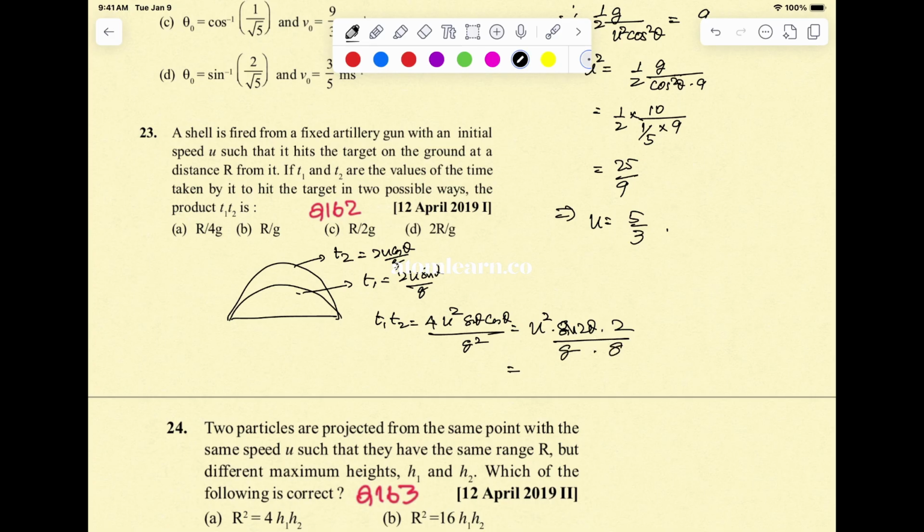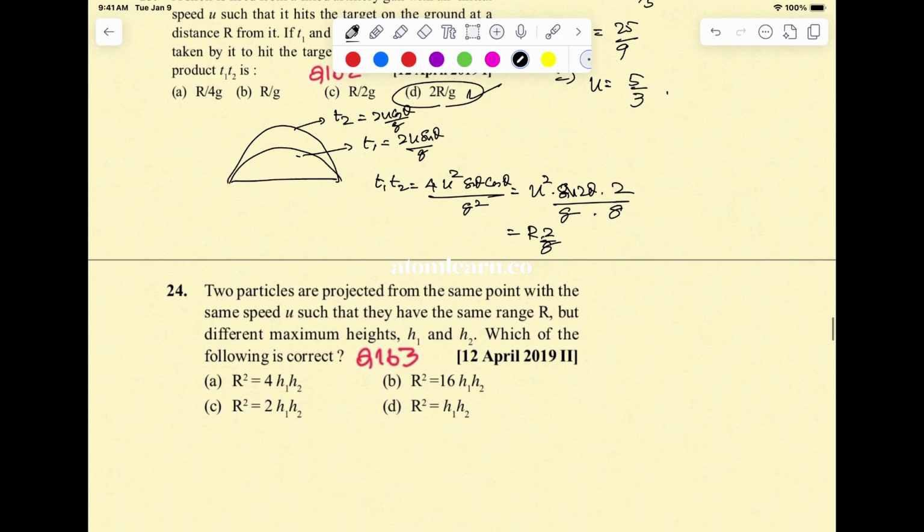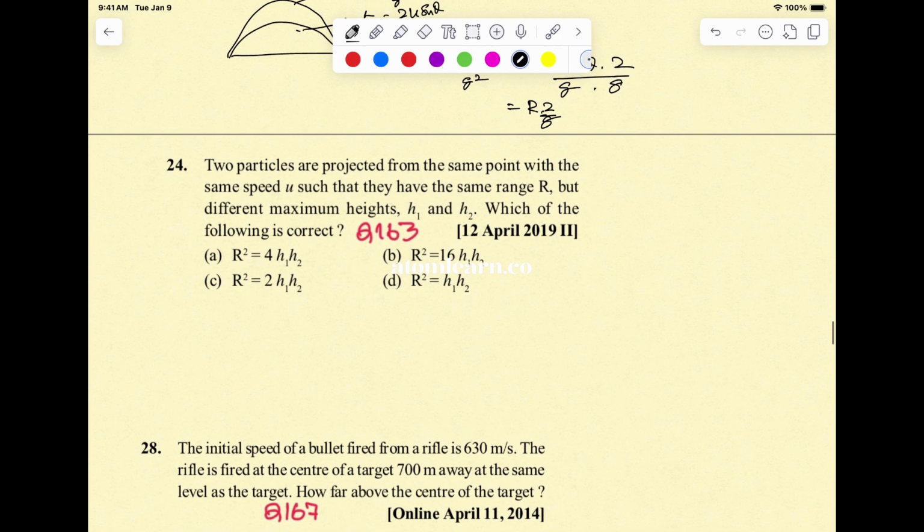This must equal r, the range formula, into 2 by g. 2r by g is the answer. Option D. Understood? Okay, let's go to the next question.